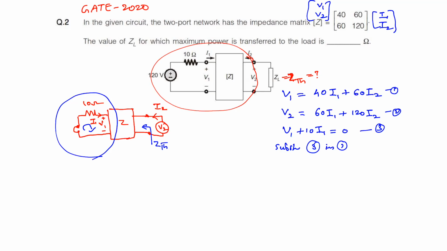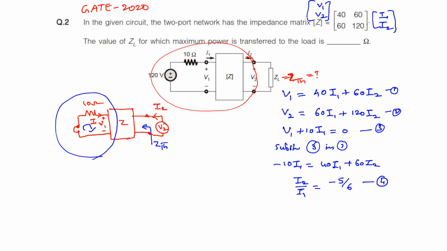So V1 is equal to minus 10 I1. Minus 10 I1 is equal to 40 I1 plus 60 I2. So if you simplify this one, minus 10 will become plus 10. So you can write I2 by I1 is equal to minus 5 by 6. This is the fourth equation.